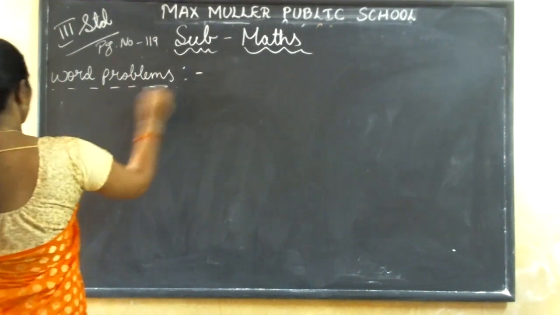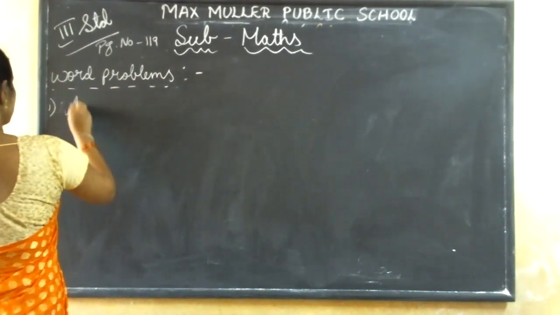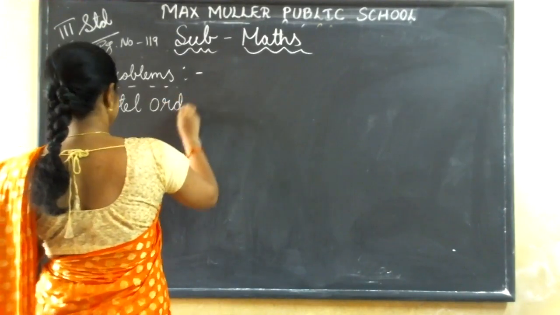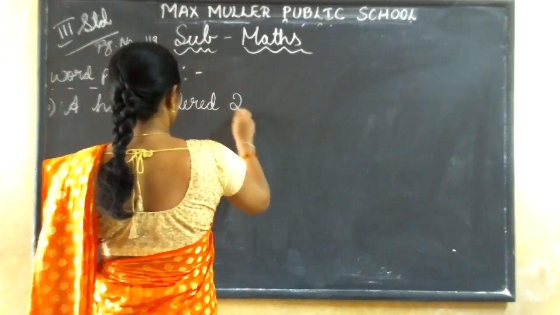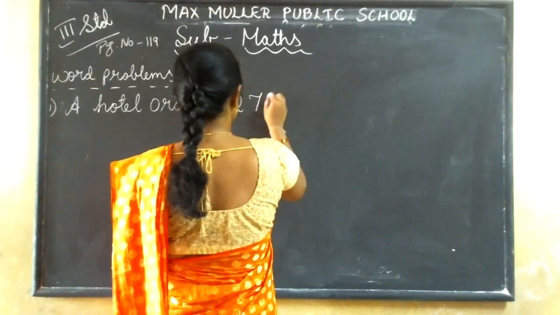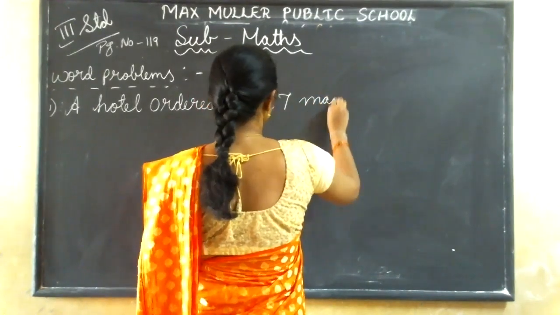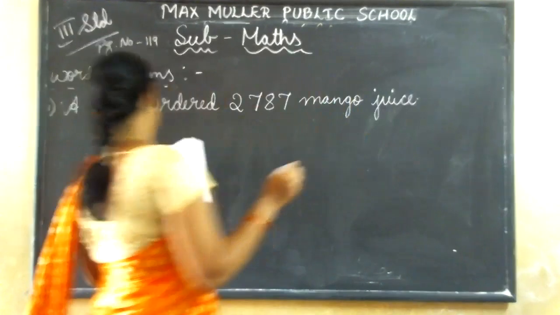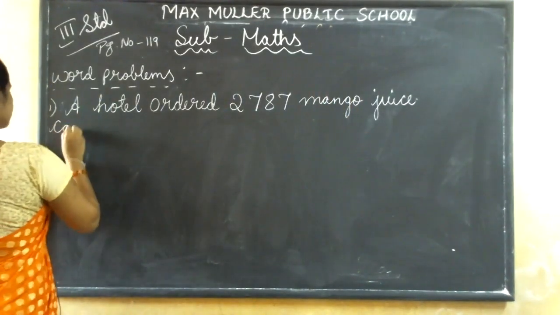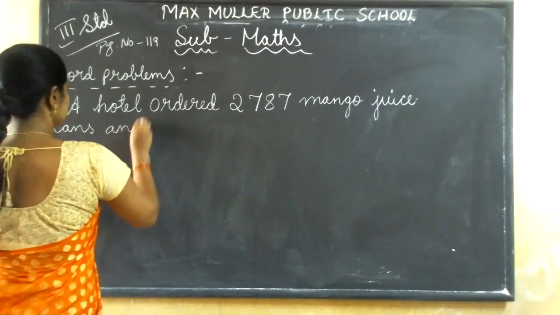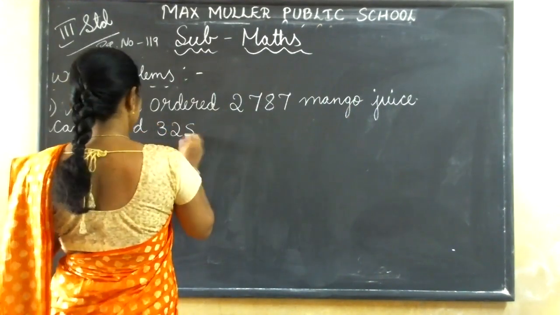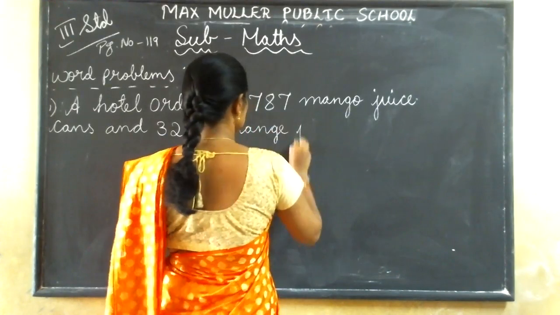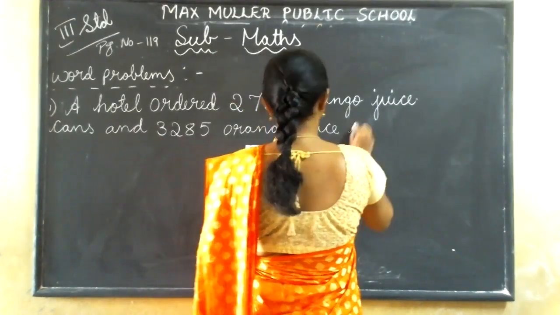Word problems. First one, a hotel ordered 2,787 mango juice cans and 3,285 orange juice cans.